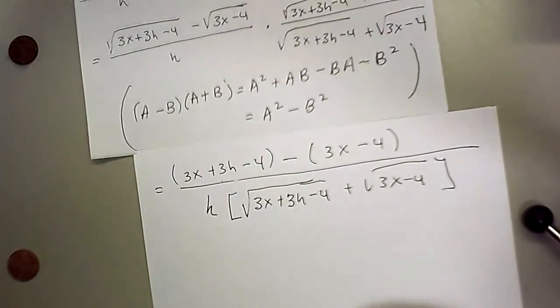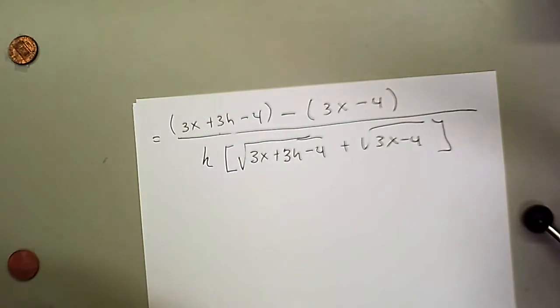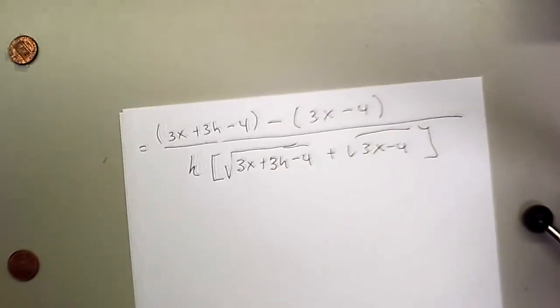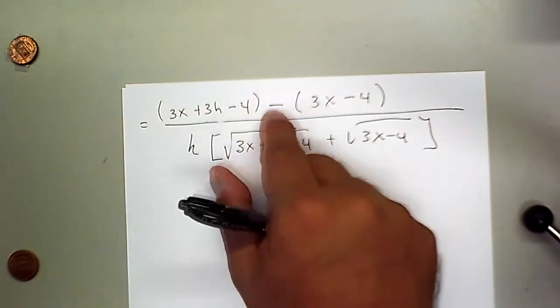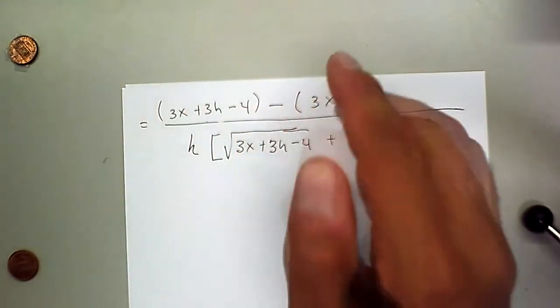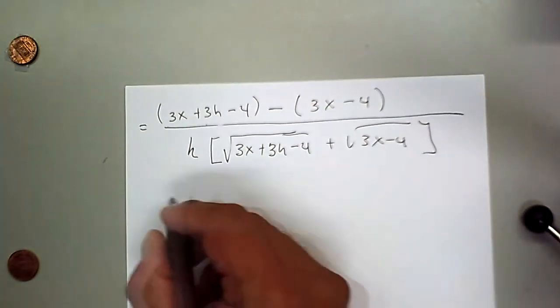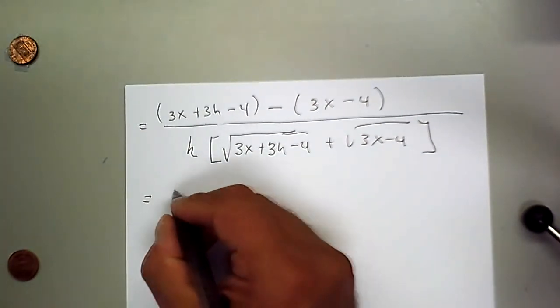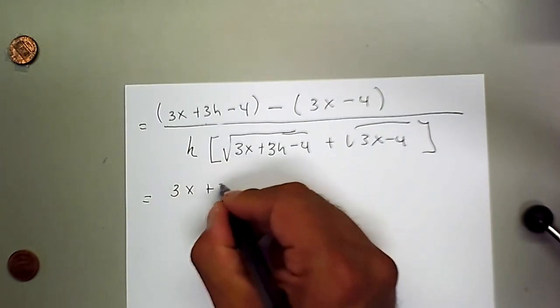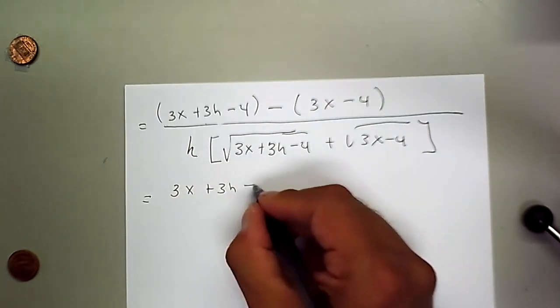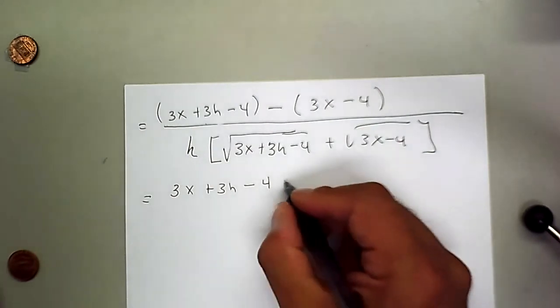Okay, the next step has to be done carefully, depending on how confident you are in your ability to do this mentally, or whether we want to distribute. I always prefer to distribute. In math, measuring twice and cutting once is the best thing to do.